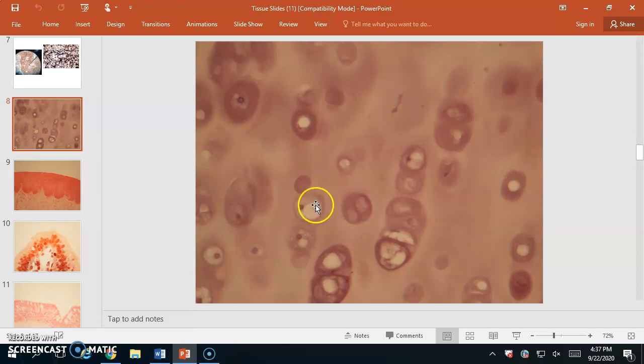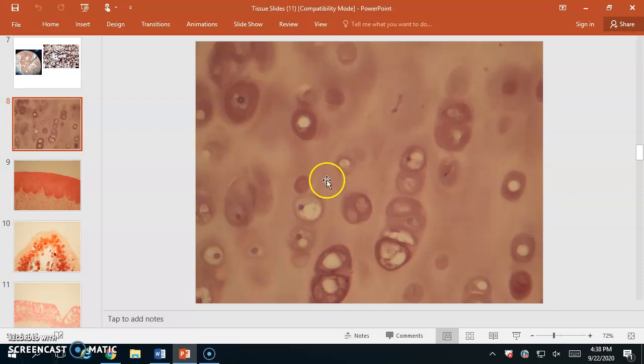Once the chondroblast produces all of this cartilage matrix around it, secreting the molecules that form the matrix, it gets trapped within that matrix, and then it differentiates into a chondrocyte. So the chondroblast is the one that actually makes the cartilage matrix, and the chondrocyte is trapped in that matrix and just maintains it at that point.